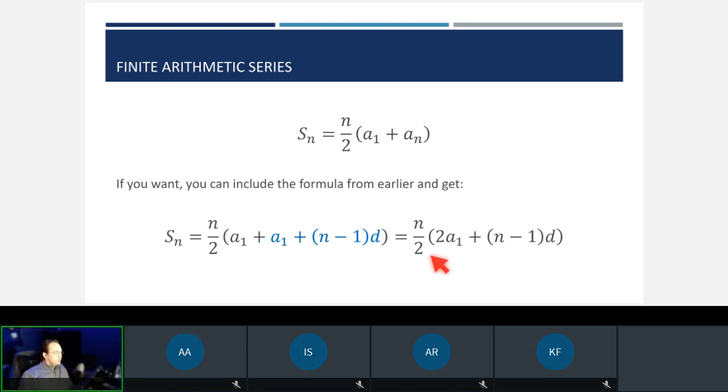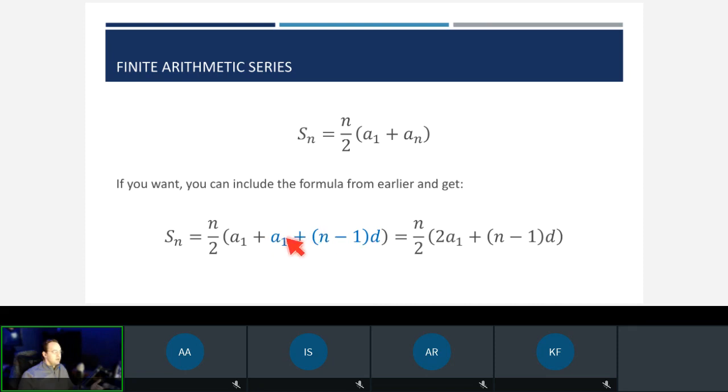And right below here, this is the formula, and we could rewrite this formula with our a sub n. So we learned the a sub n formula on the previous pages. We can substitute this variable for that equation. And that's why I have it written in blue here. So a sub n is equal to a sub 1 plus the quantity n minus 1 times your common difference.